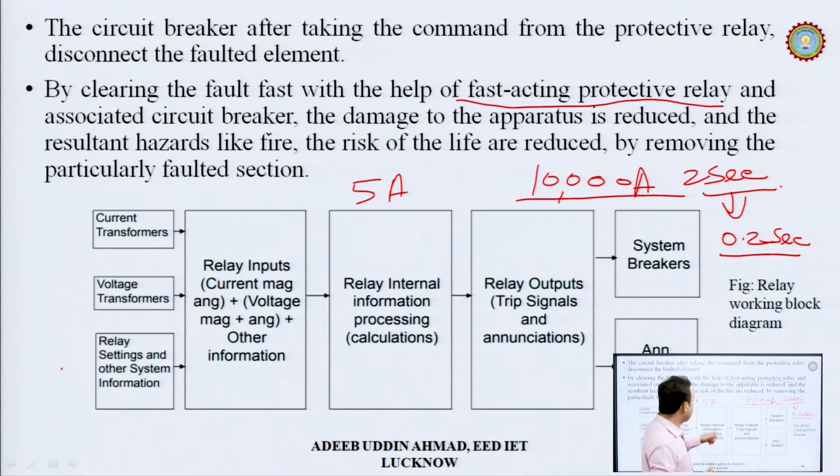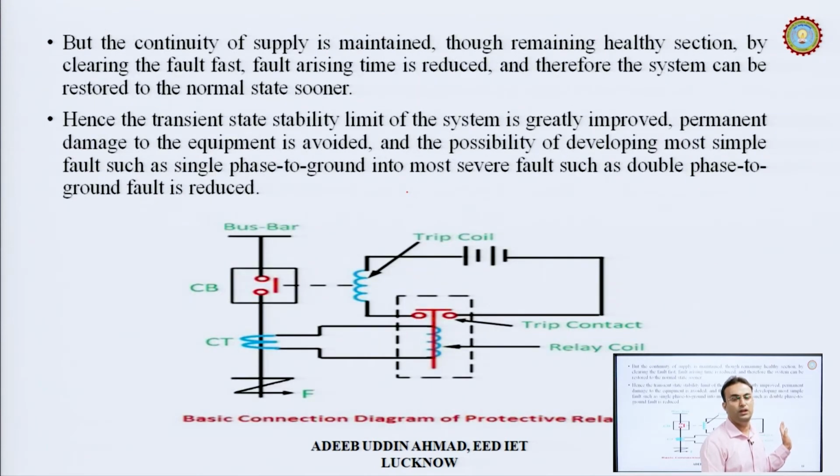Now, we have some relay outputs, trip signal and some other circuits. The relay output is a tripping mechanism, and the relay will give the signal to some other systems and the circuit breaker. With the help of this circuit breaker, we will disconnect the faulty section from the healthy section. So, this is basically the basic block diagram of the relay.